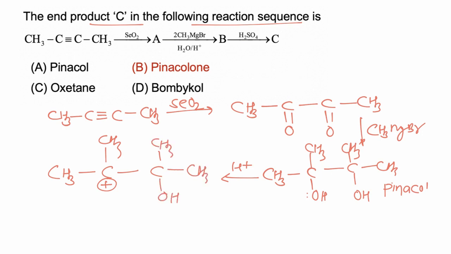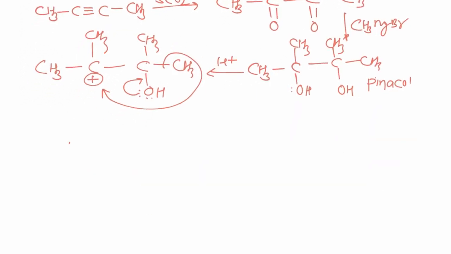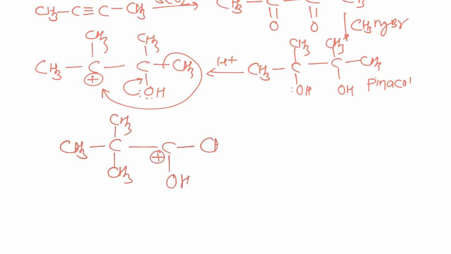This carbocation is formed as an intermediate. Now this carbocation will be more stabilized by the alpha effect of oxygen to create positive charge on this carbon. A methyl group is shifted to this carbon. Now CH3, CH3, CH3, C, OH, positive charge, and CH3.